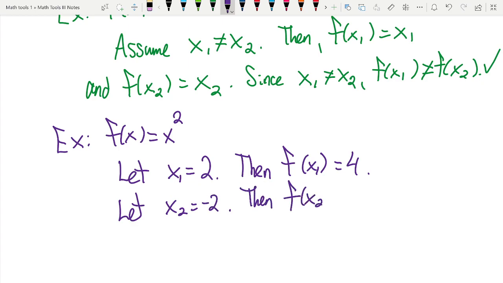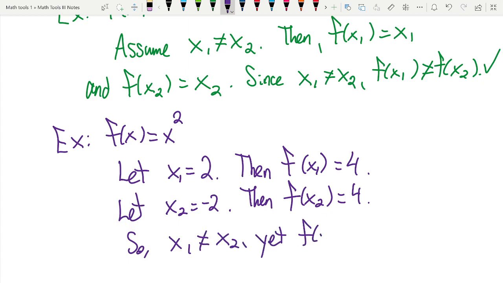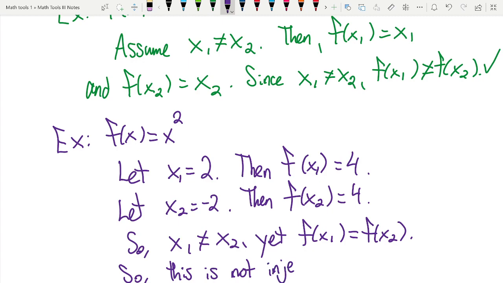Then f of x2 equals 4. So x1 does not equal x2, yet f of x1 equals f of x2. So this is not injective, or is not an injection.